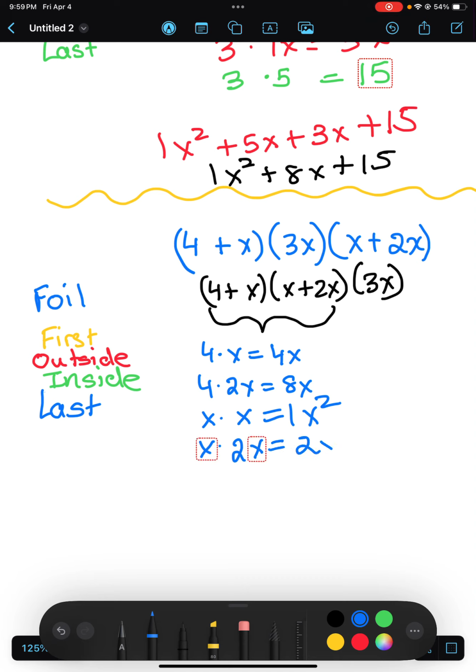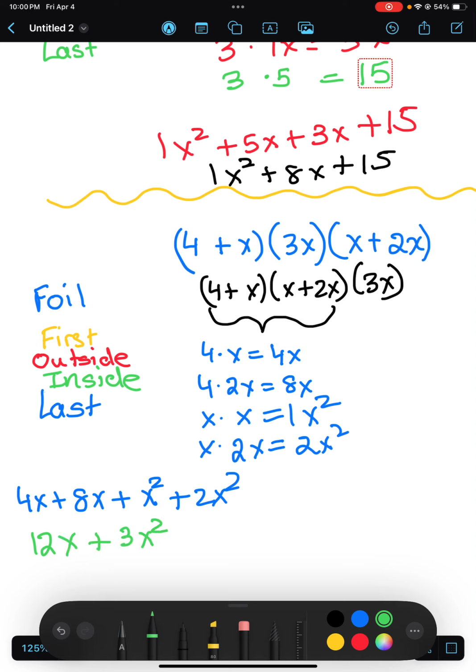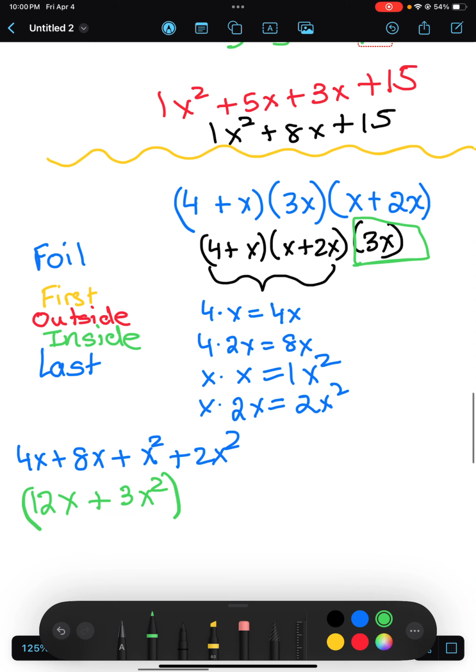Just going to be 2x squared. And now I want to kind of write it as a sentence. I have 4x plus 8x plus x squared plus 2x squared. And I have some like terms, so I'm going to combine them. Okay, that's my final polynomial, and now I can multiply with this 3x.